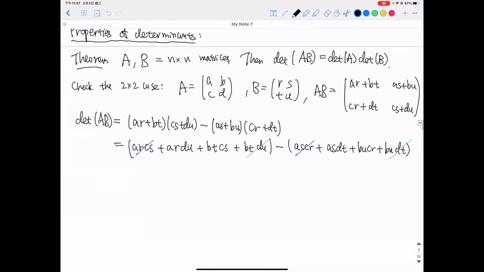We are supposed to compare this with the determinant of A times the determinant of B. So let's do that. The determinant of A is AD minus BC.